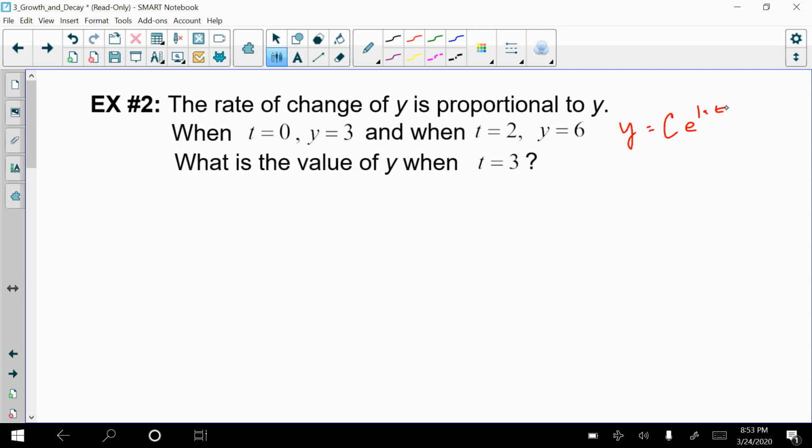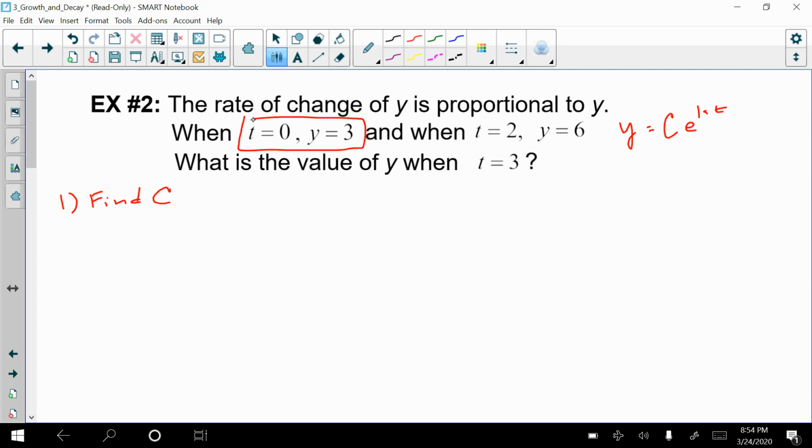Now, the first thing I'm going to do is find the value of c. We're going to take this initial condition here. When time is 0, the output is going to be 3. We can use that very easily to find the value of c simply because t is in the exponent position. So we have the equation.